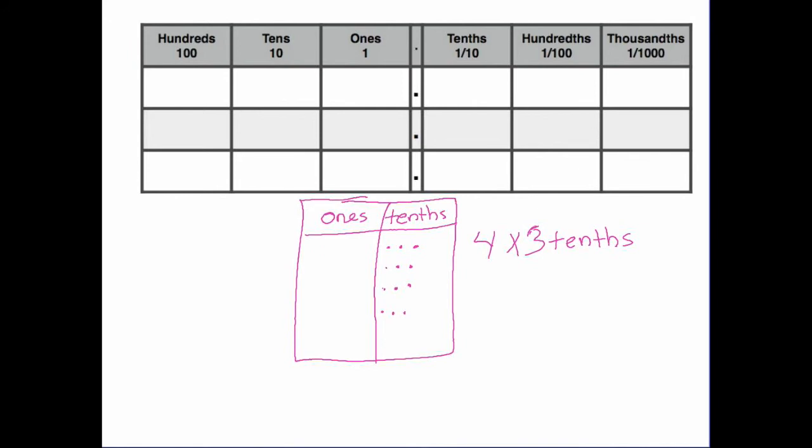Let's count how many we have. We have 1, 2, 3, 4, 5, 6, 7, 8, 9, 10, 11, 12. Oh, good. So I'm going to get rid of how many? And where are those going to go?